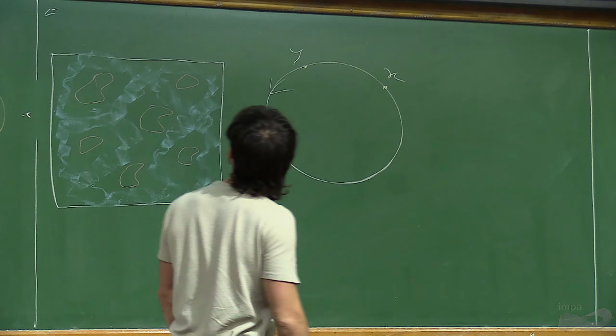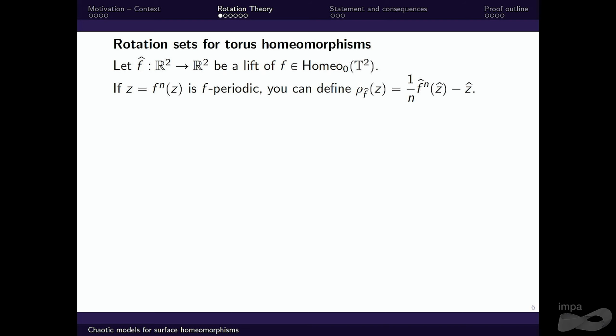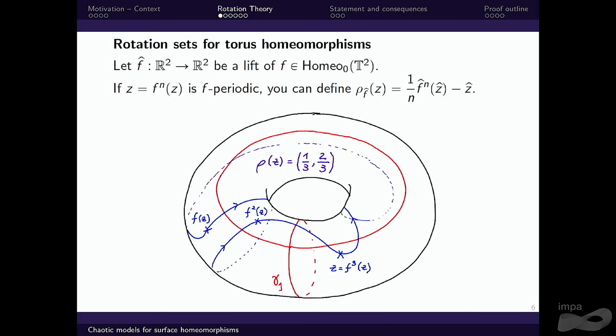So let me start easy. If you have a periodic orbit, so you have a homeomorphism, you take a lift to R^2, to detect the loops. If you have a periodic point, you can define the rotation vector of a periodic point as the average movement. Let me add a drawing here.